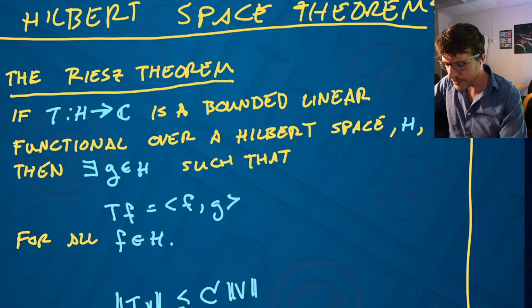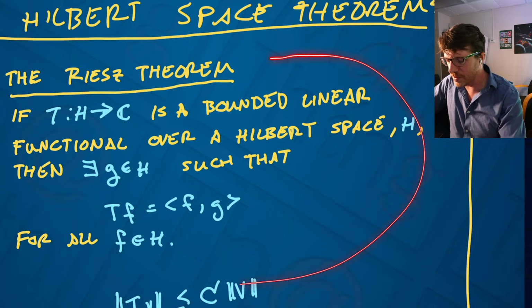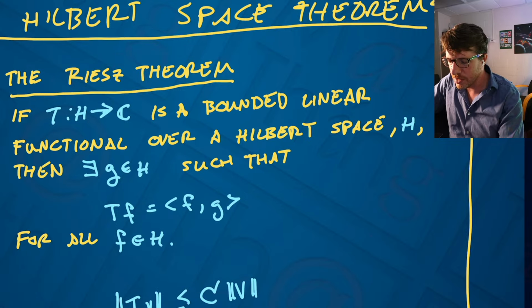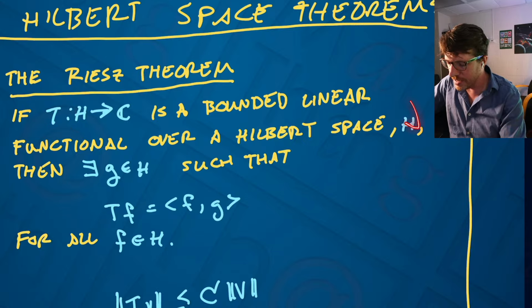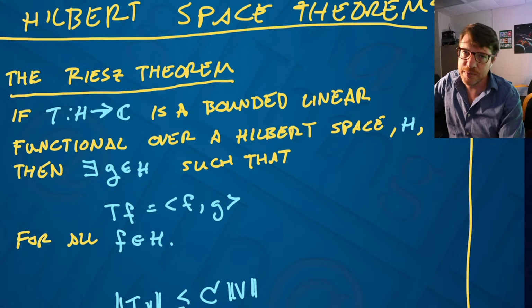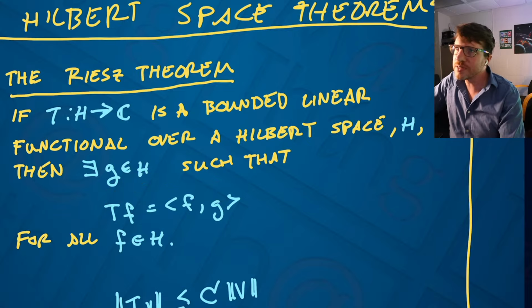Essentially, and this is a very special case, all of our bounded linear functionals are just elements of H put inside of an inner product. So we have this direct correspondence between linear functionals and elements of H. This is very unusual.